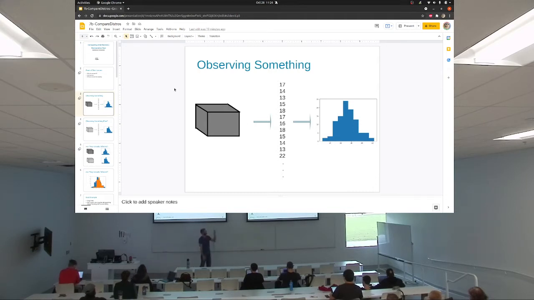Maybe the thing I'm observing is how many eggs that fish lays. Maybe it's how many people in this room today have blue eyes, whatever it is. It's something we're observing where information comes out.